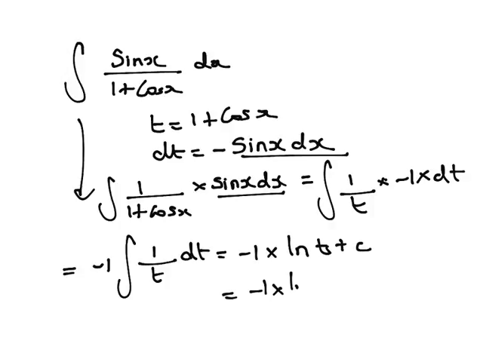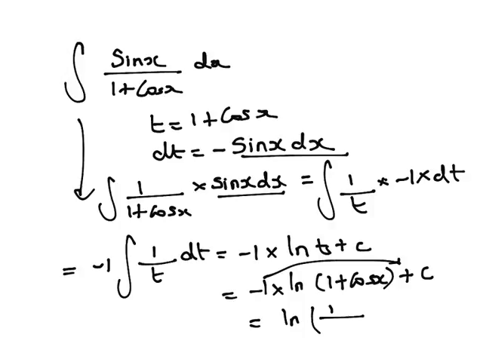So minus 1 times ln of 1 plus cos x plus c. So this is the answer. Or you can also take this minus 1 to the power of 1 plus cos x. So I can also write it as ln of 1 by 1 plus cos x plus c.